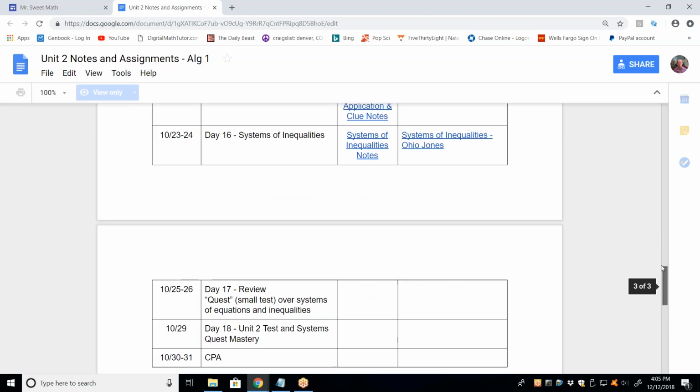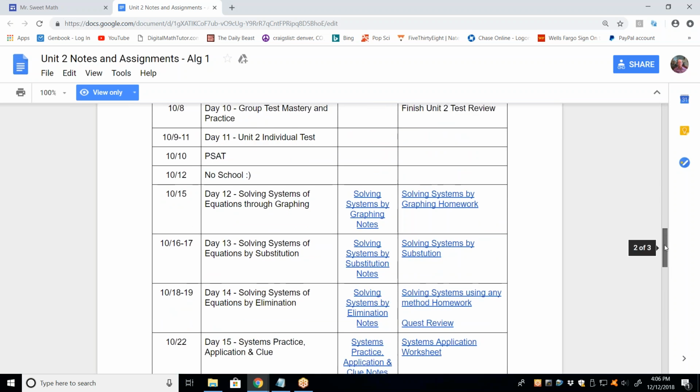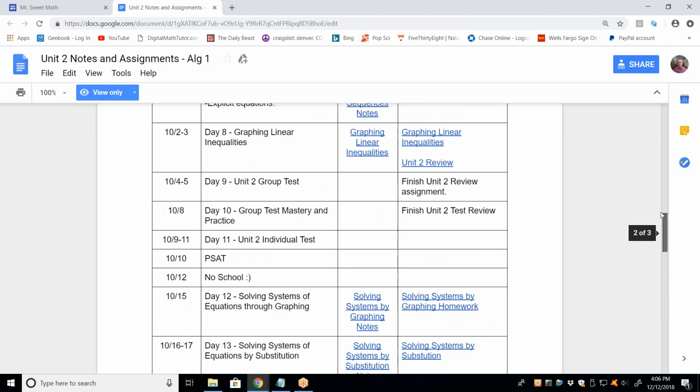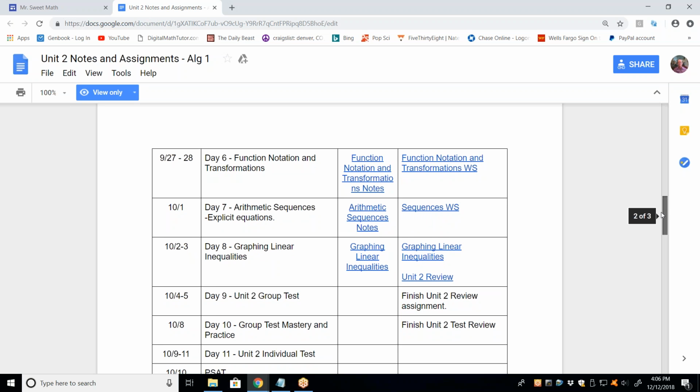Could we do the graphing homework, I think? The very top one, opposite 927. Do you want me to do the one on the right, not the one on the left?